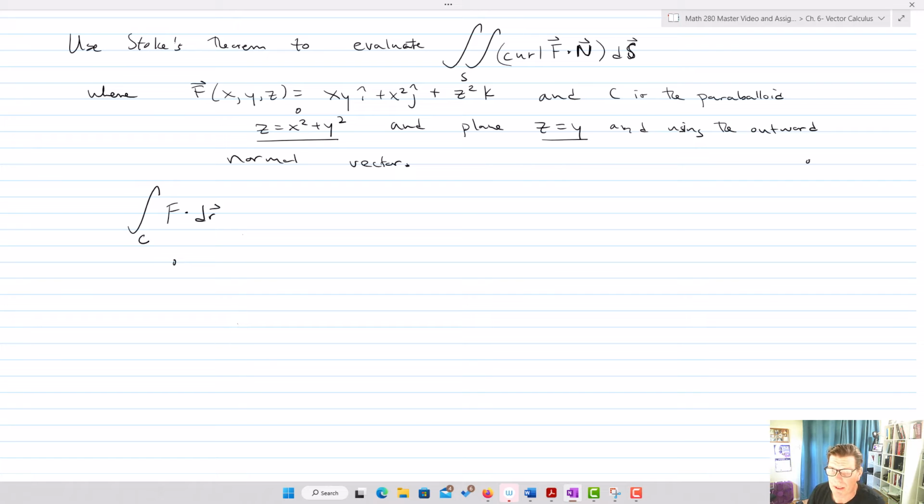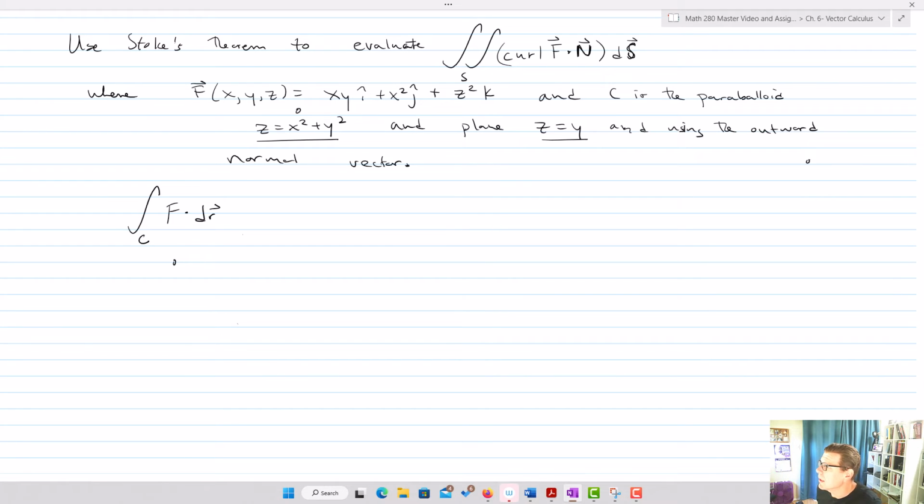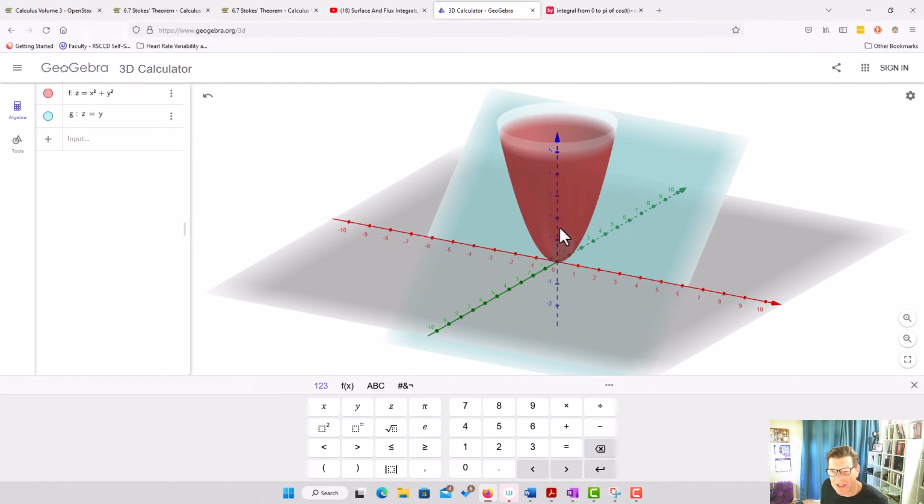So we're going to imagine creating a plane, and let me show you a picture of it. The curve is the intersection between that paraboloid and the plane z equals y.